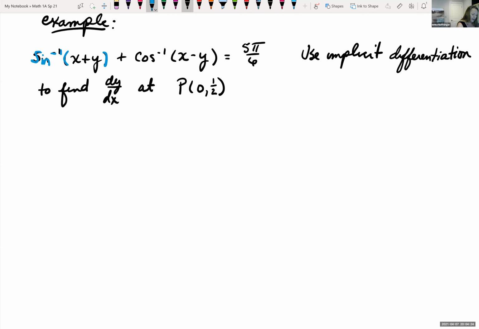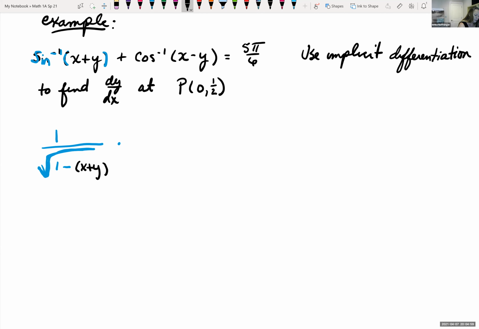And if I'm looking at the derivative of sine inverse, that was 1 all over the square root of 1 minus, this is the inside of our function, x plus y, times that derivative of the inside.